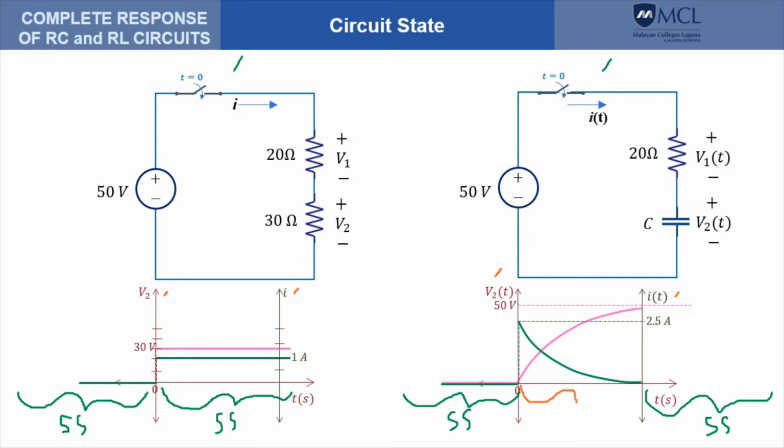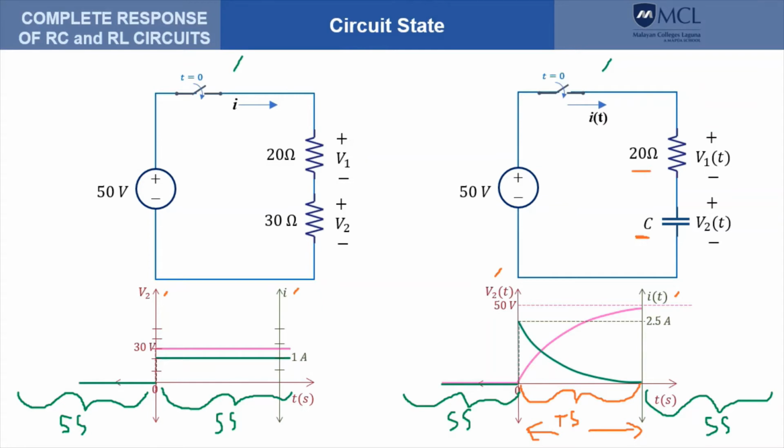Now, this time period here is the transient state because the voltages and currents are all varying with time. How long this period lasts depends on the values of the elements, for example, the capacitance of the capacitor and the resistance.